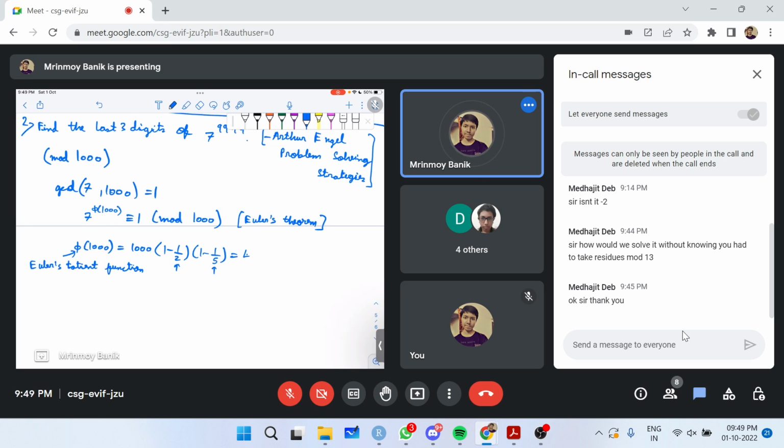So that is 400. So you know 7 power 400 is congruent to 1 mod 1000.